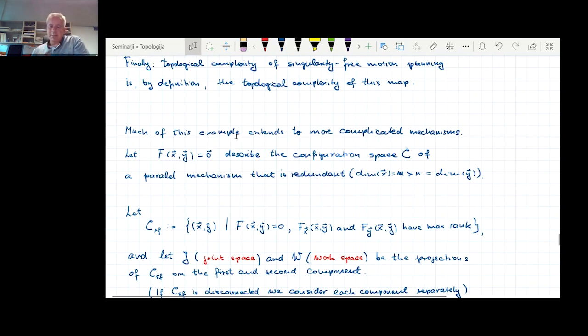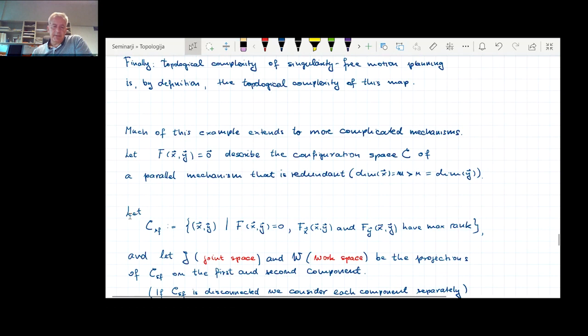Sometimes you will see some generalized coordinates which can be expressed using x and y, but I'm satisfied with this situation. And then this is an equation that defines the configuration space of a parallel mechanism, and this one can be redundant if the dimension of input data is bigger than the dimension of output data.